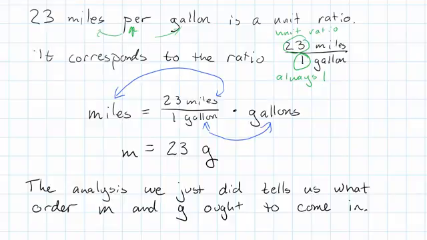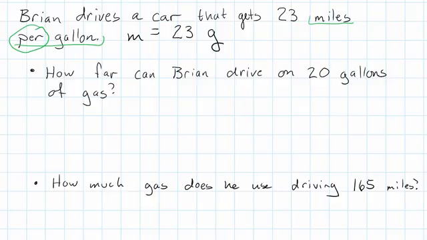Let's take this back up to our actual questions. So, if Brian uses 20 gallons of gas, that's a value for g. That tells us g equals 20. I plug that into my equation and I get m equals 23 times 20.